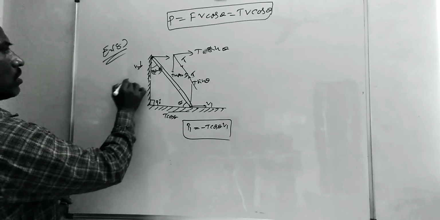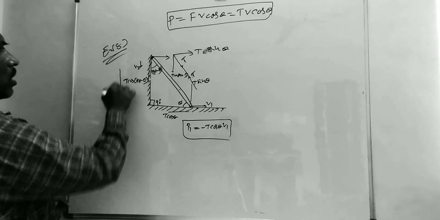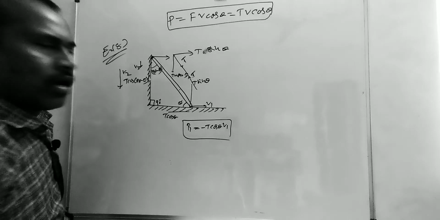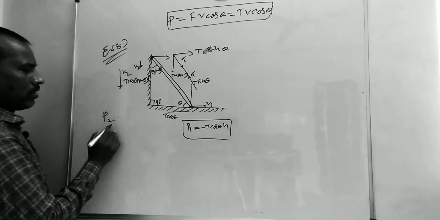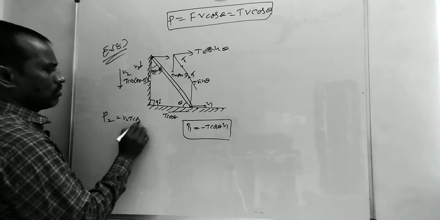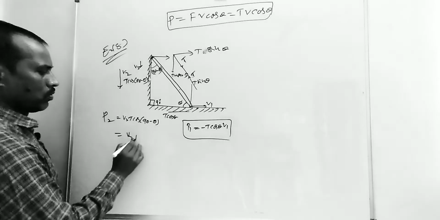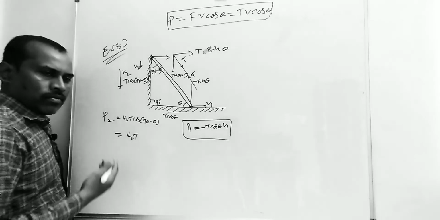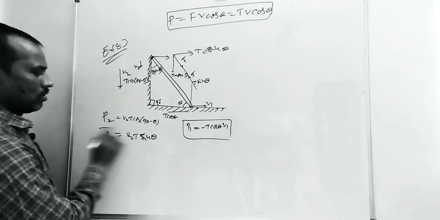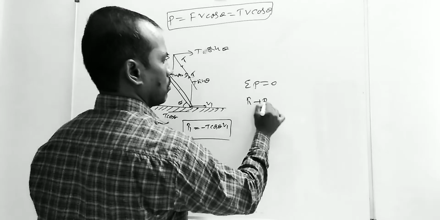Velocity and tension force are in the same direction here, whereas in the other case they were opposite. So the power of this point is v2 T cos of 90 minus theta, and v2 cos of 90 minus theta is equal to v2 sin theta. So P2 is this. The net power is equal to 0, so P1 plus P2 is equal to 0.